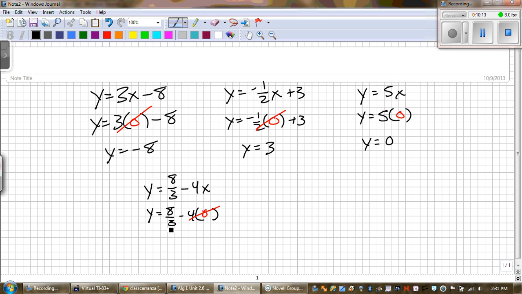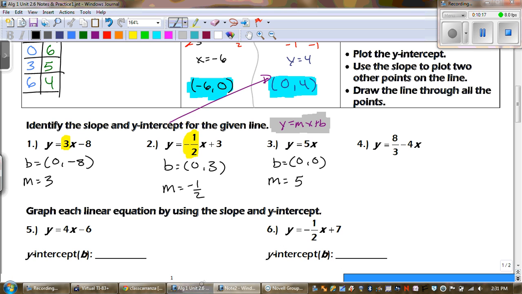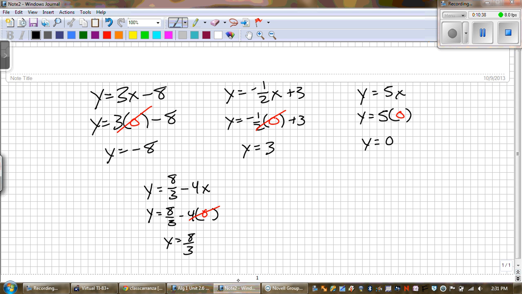And guys, it's okay. You can have a fraction as your y-intercept. Okay? So b equals (0, 8 over 3). And remember, the slope is what's attached to the x. Okay, so -4.